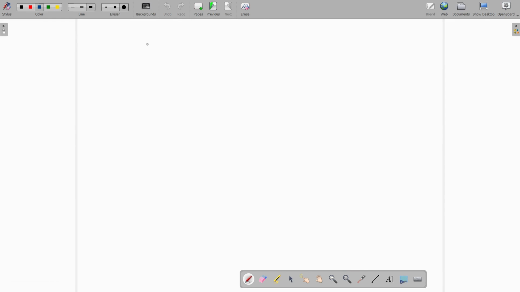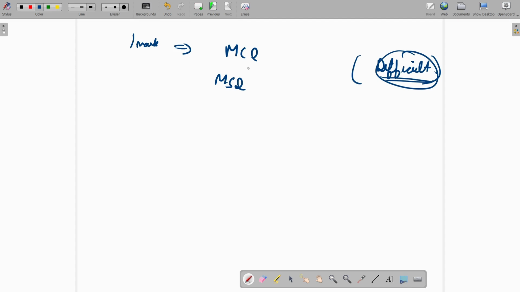Coming to the part of our syllabus, there are 1 mark questions, MCQ and MSQ. What makes the paper difficult is the MSQ question. MSQ is a question where one or more options can be correct.